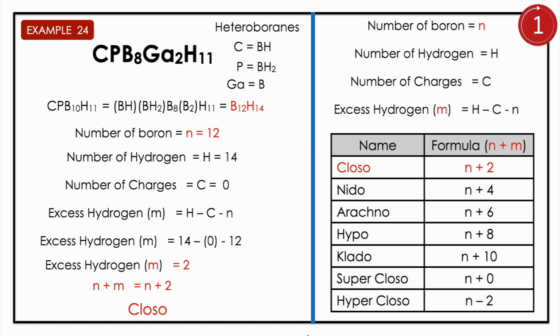So it is an N plus 2 system. If you look at the table, it will be a Closo structure. So according to Wade's rule, CpB8Ga2H11 has Closo structure. The concept you have to learn here is don't get confused by heteroatoms. Just follow the basics. Identify the structure.